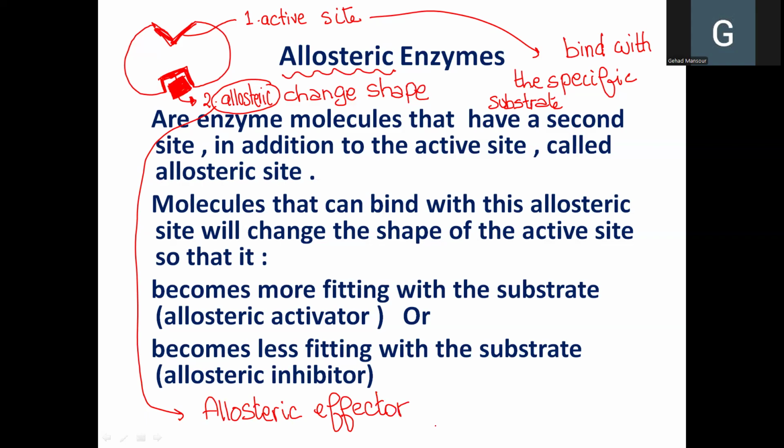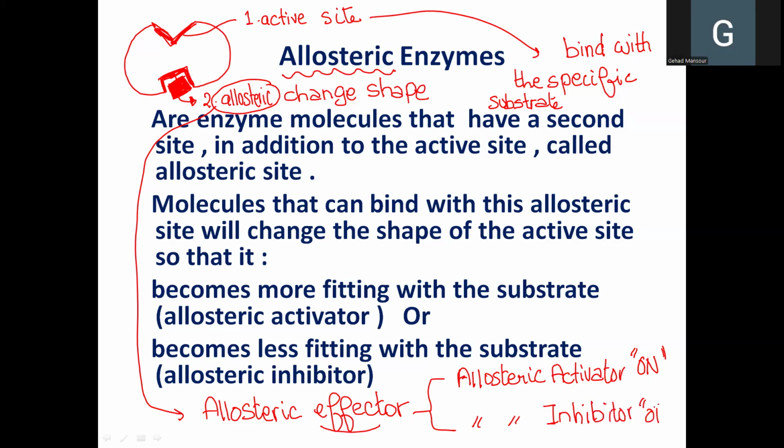That's why we give the molecule the general name of effector, because the allosteric effector can be an allosteric activator that will turn on the enzyme activity, or it might be an allosteric inhibitor that will turn off the enzyme activity.